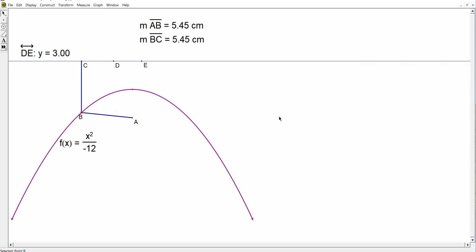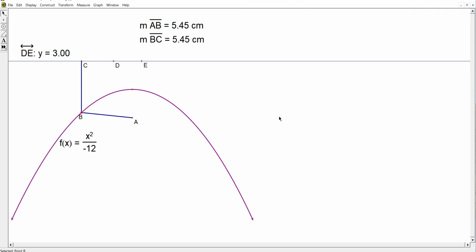The distance from A to B is the distance between the point on the parabola and the focus, and the distance from B to C is the distance between the point and the directrix. You always have to measure the distance from the point to the directrix straight. You can't measure it at an angle. You want to measure the shortest distance you can between this point and this line, which is perpendicular.